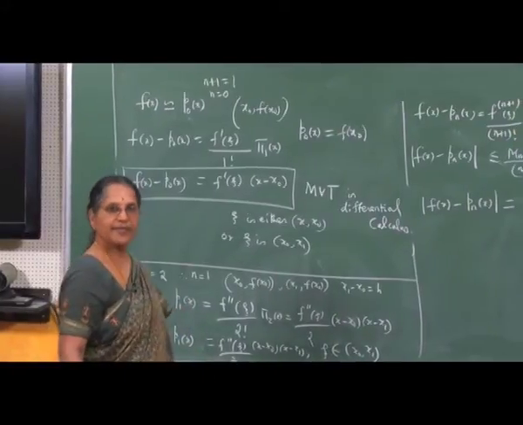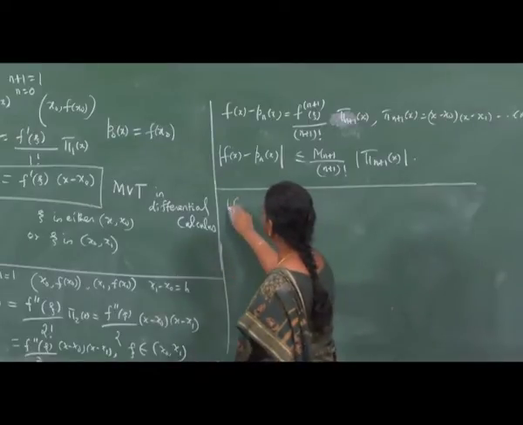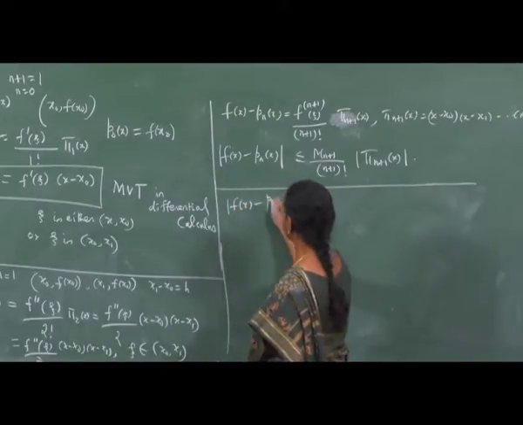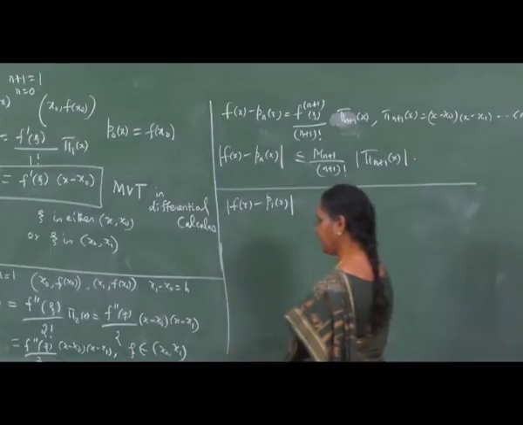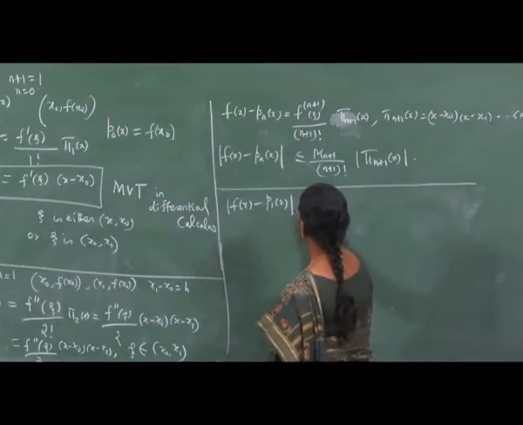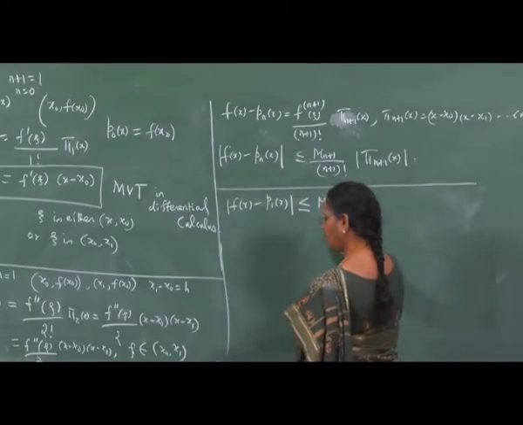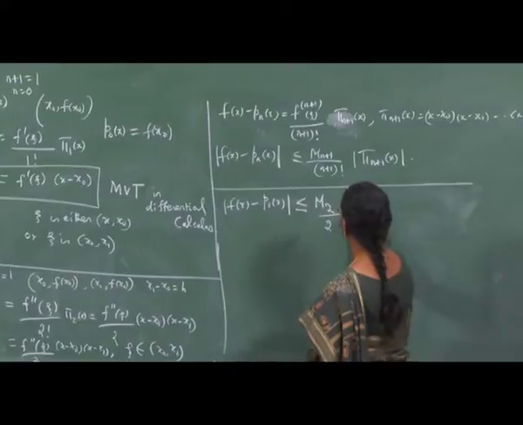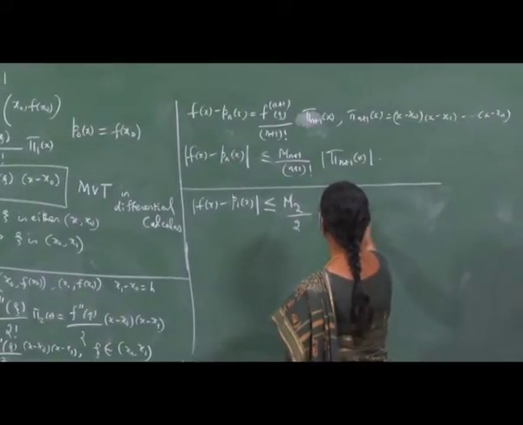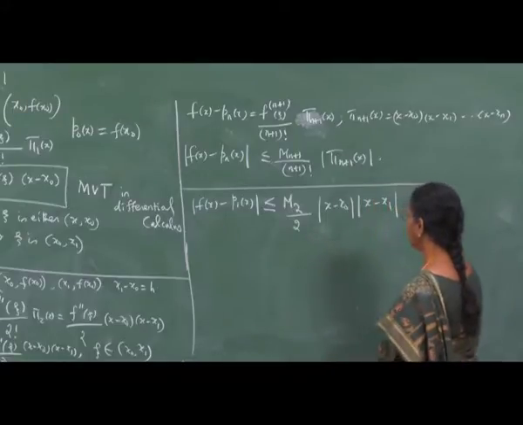Let us work out the details. I want modulus of f of x minus p1 of x. That will be less than or equal to m2 by 2 into modulus of x minus x naught into modulus of x minus x1.